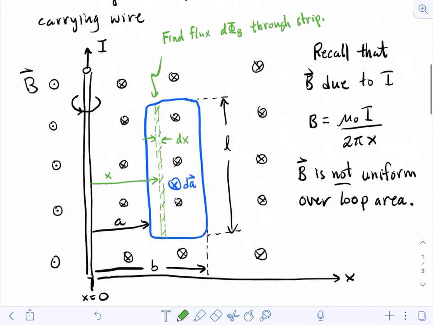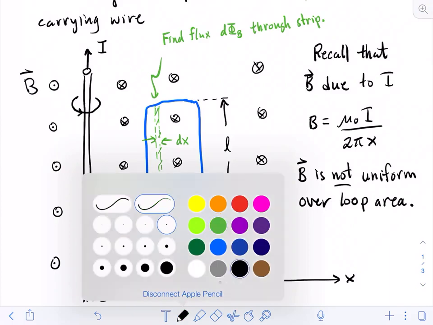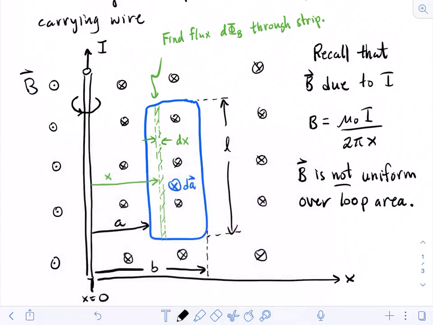So what we could notice first is that the strip is thin, so the entire area of the strip is basically just a distance x away from the wire. And so that means the magnetic field at the position of our strip is just mu naught I over 2 pi x. And so if I wanted to know the flux through that strip, I would multiply that by the area of the strip.